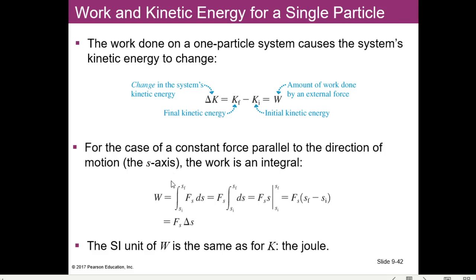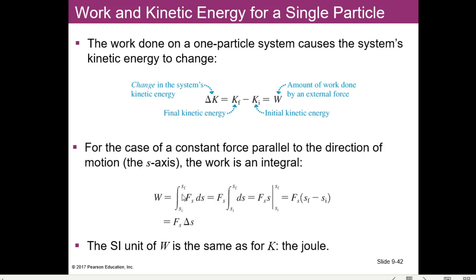Okay, so here we are. Here is the work definition. It's the integral of the force over the displacement, just what I told you in the introductory slides. So in this particular case, it's a constant force parallel to the direction of motion, which is the s-axis.